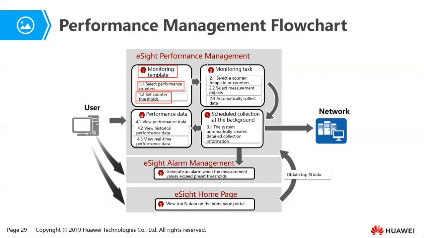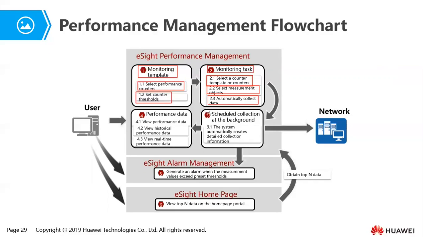After that, the second step is monitoring the tasks. You can select a counter template or specific counters, then you select the measurement objects, then you automatically collect the data.